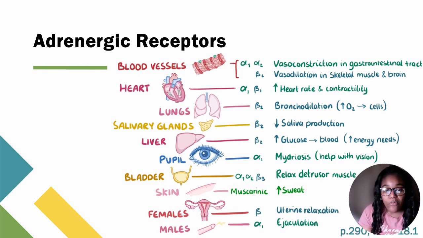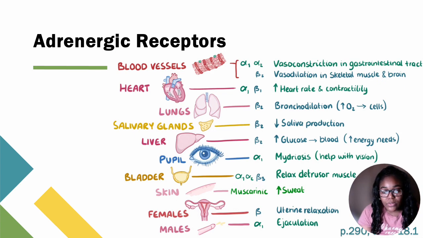With our alpha receptors, those mostly work on our blood vessels. When we have our beta receptors, they work on our heart and lungs and other areas of the body. So the first one here is talking about our alpha 1 and alpha 2 receptors and even beta 2.